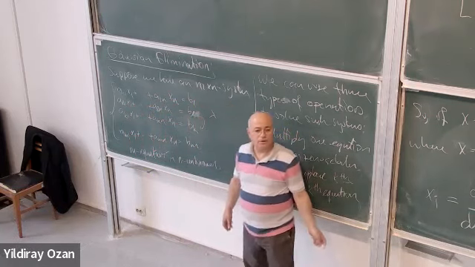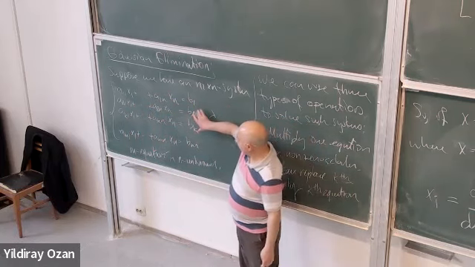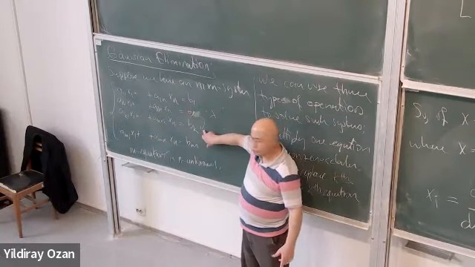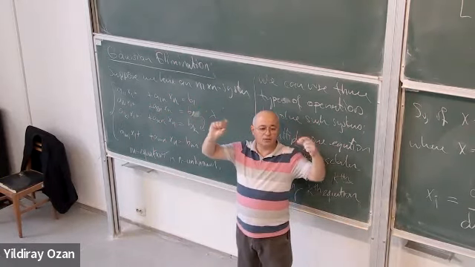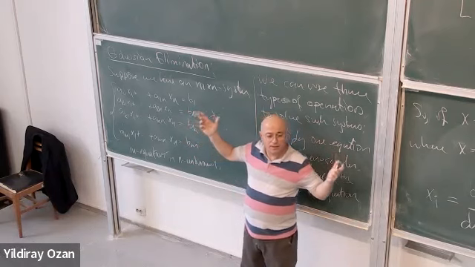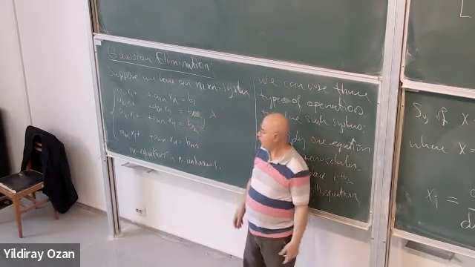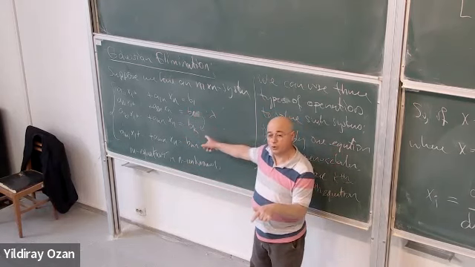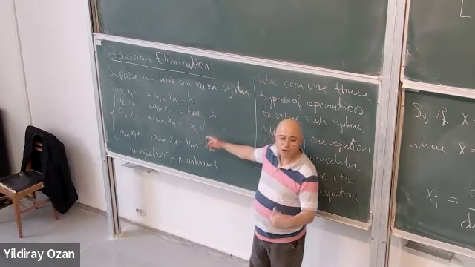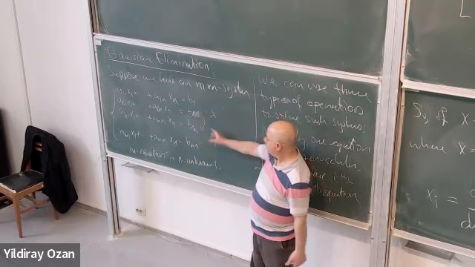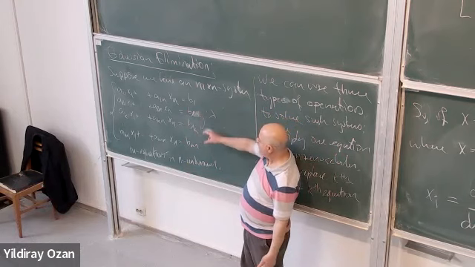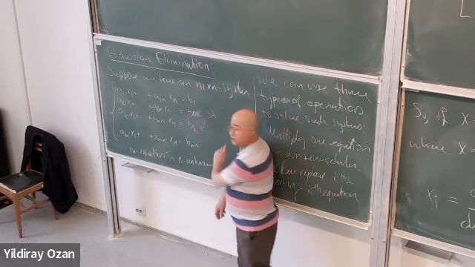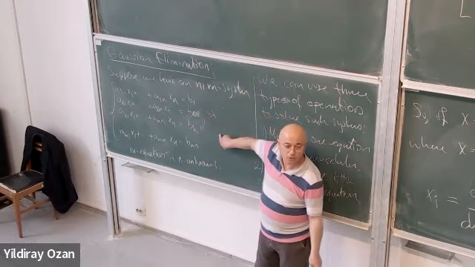Okay, I can do this, because if this is true, then lambda times that equation is true, and this equation is also true. I just add two equations side by side. But the system is still equivalent to the original system. Why again? Because I can go backwards to get the original system. This time I can multiply this equation by minus lambda and add to this one.